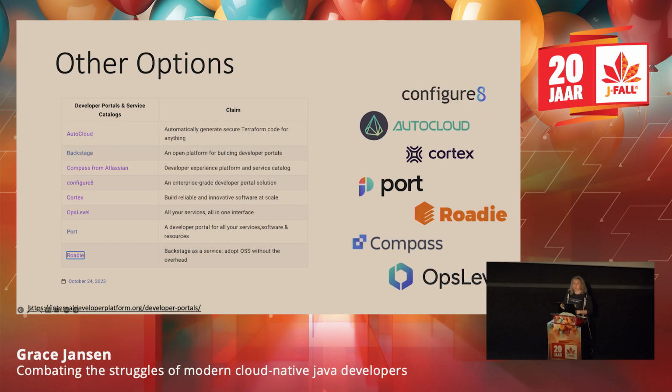Other options you can use, I mentioned, there's lots of different tools available. These are some of the more proprietary products that you might want to check out if you're interested in more enterprise grade rather than necessarily open source. So things like Configure8, Port, Compass, Cortex, AutoCloud, these all offer similar things to what we were talking about with Backstage and Janus and Kratix.